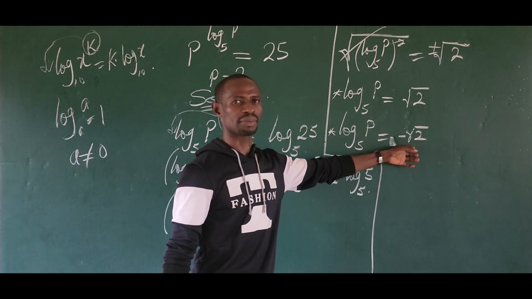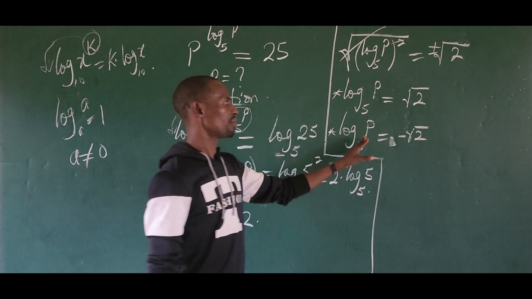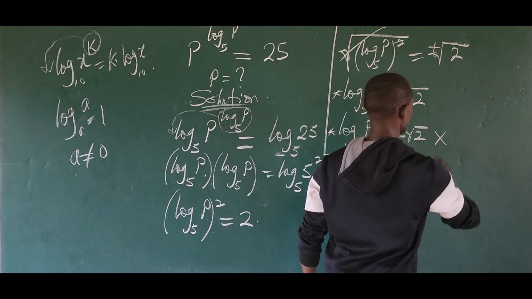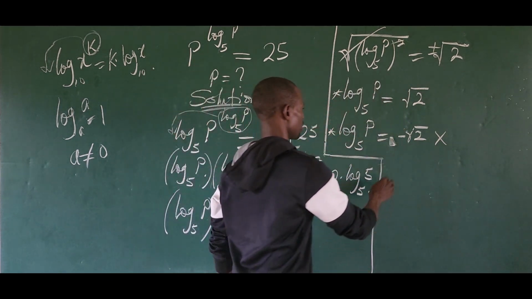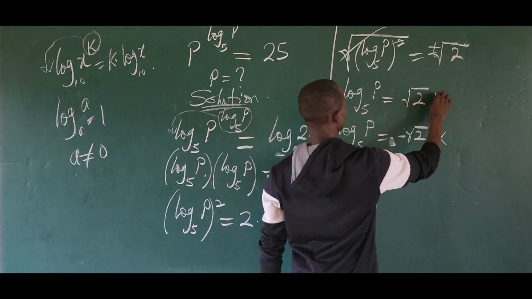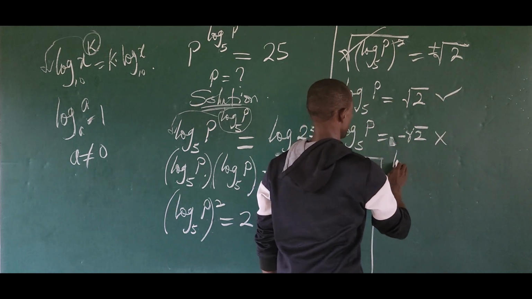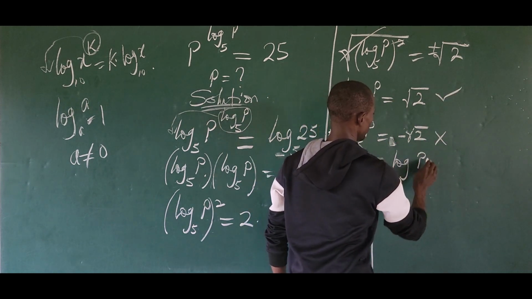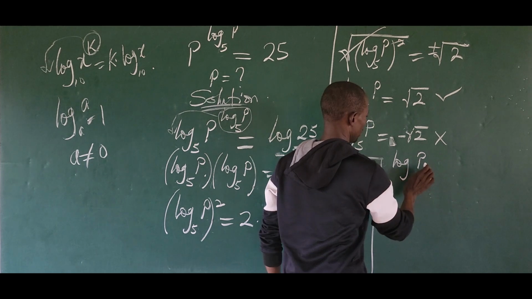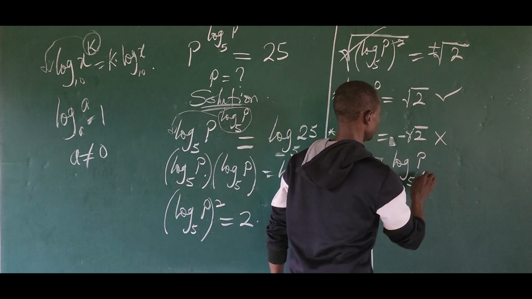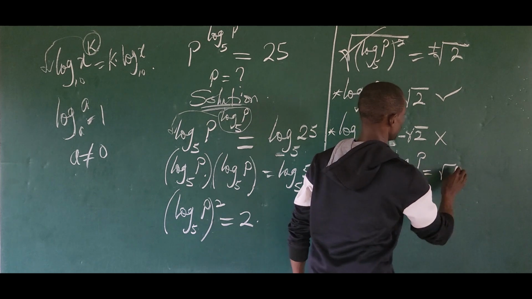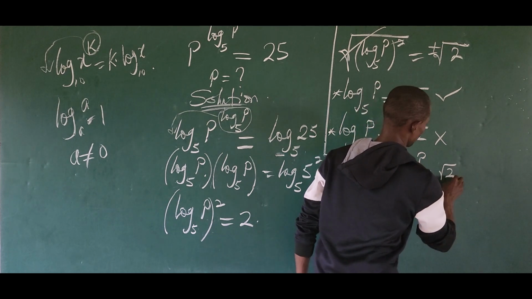This does not exist because this is a logarithm. And so we're going to discard this. So this is rejected. If this is rejected, we take this very one. Taking the first one, which is the accepted one, we're going to have log p base 5, all base 5, please, will be equal to the square root of 2.